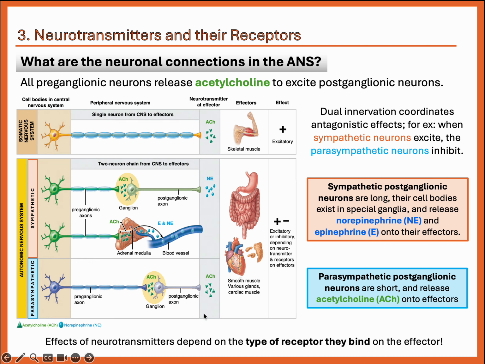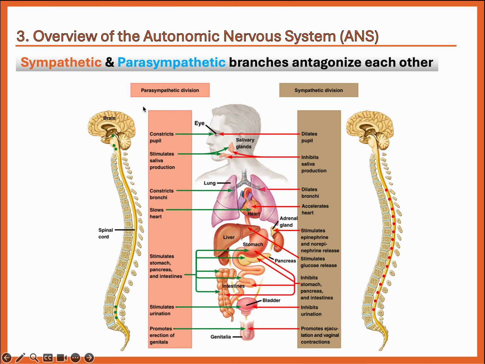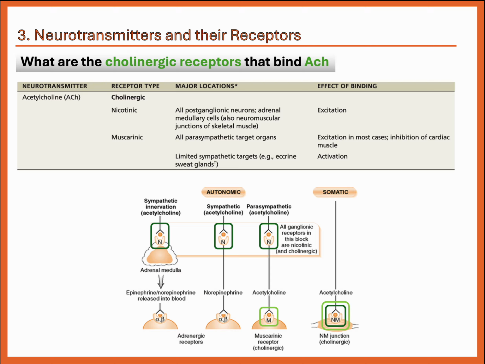Is this acetylcholine going to excite or inhibit? It'll do a bit of both. Again, let's go see. Acetylcholine will stimulate, excite salivary gland contraction, but it'll slow the heart rate down, inhibiting the heart. It'll stimulate the stomach, liver, all of these things, but it slows down the heart. So it depends what tissue it goes to. They have different effects.